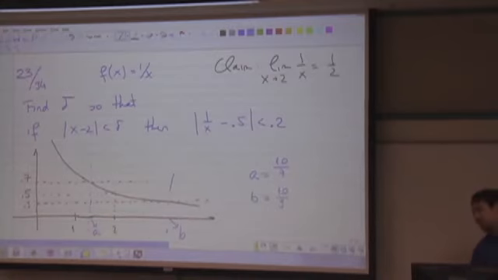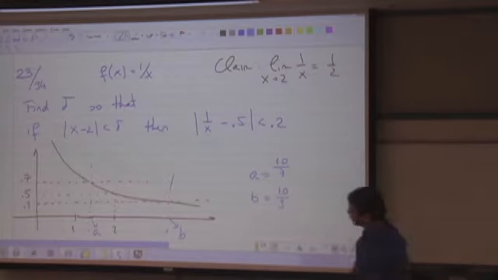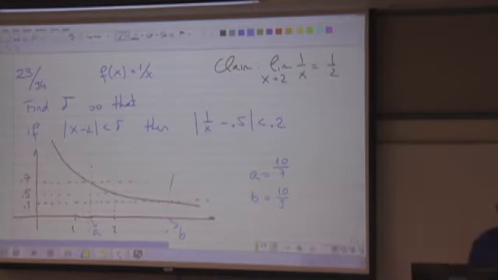Is everybody understanding why? No? Well, think about this particular point. This point has coordinates x and 0.3. Right? But 0.3 is just 1 over x.